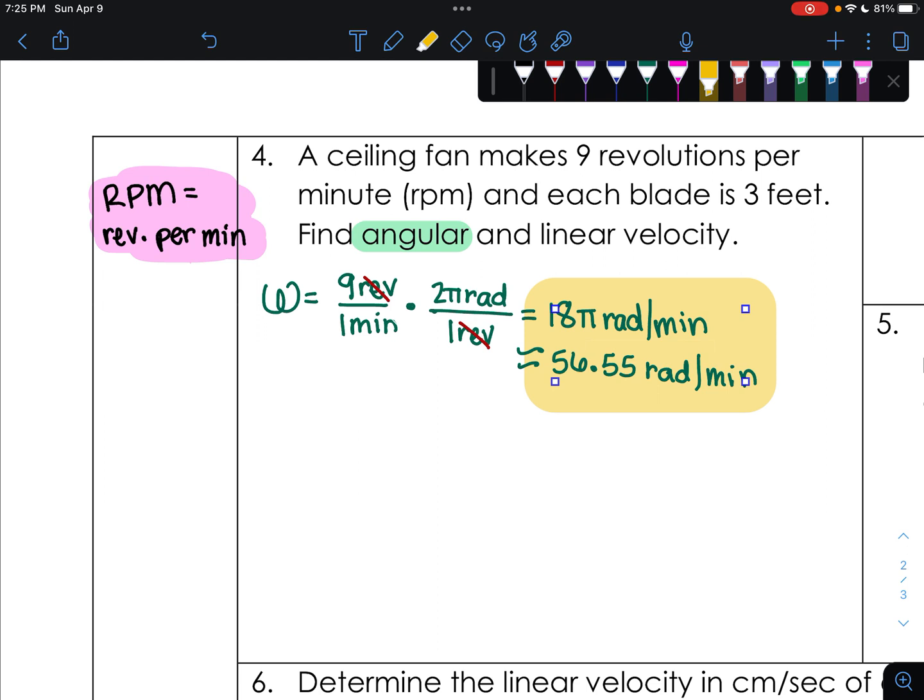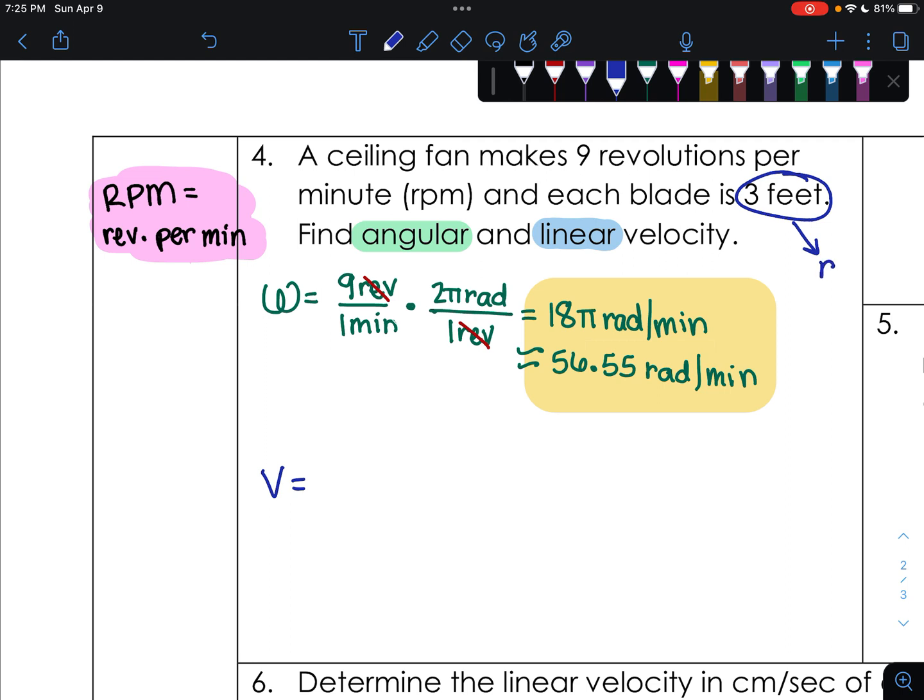Now let's go into the linear velocity. So I'm going to do that in blue. So my linear velocity is my angular velocity times the radius. So the radius it gave me right here, that's r.